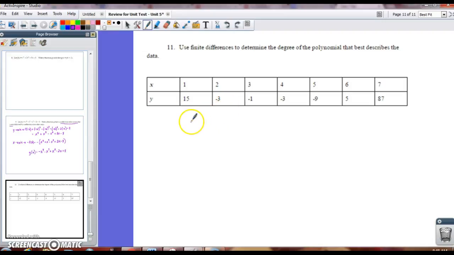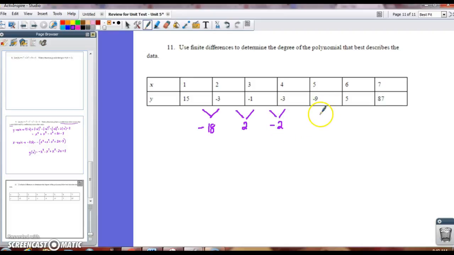So I'm doing -3 minus 15. The difference here would be -18. Here, -1 minus a -3. You have to make sure you do this in the right order. That would be 2. Here I have -3 minus a -1, that would give me -2.